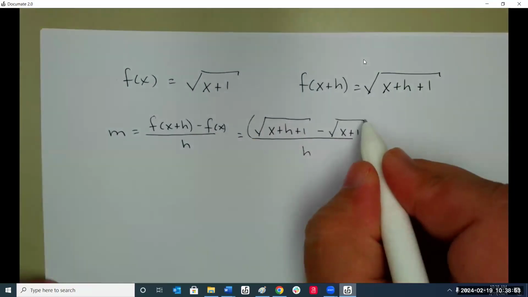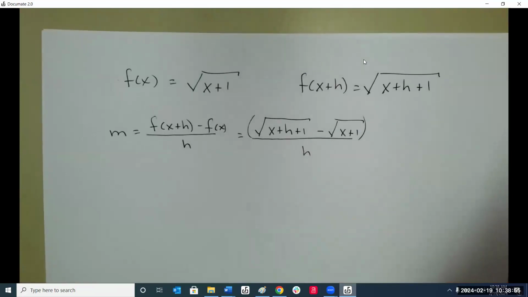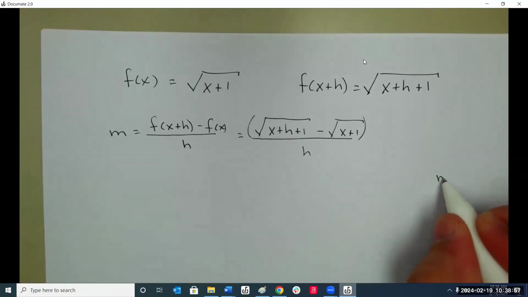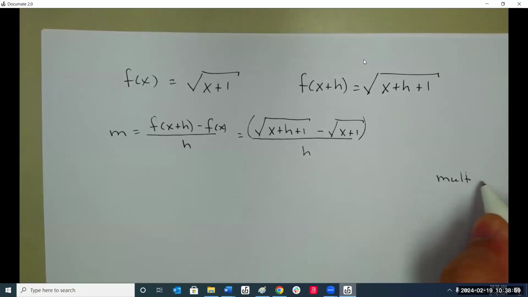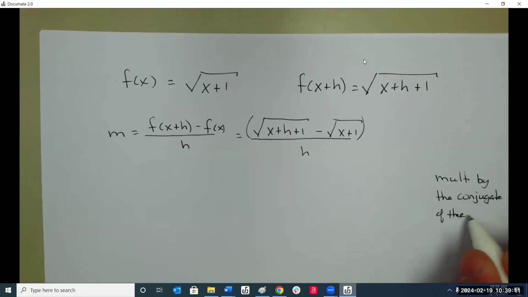The way we do that is multiply by the conjugate of the numerator.